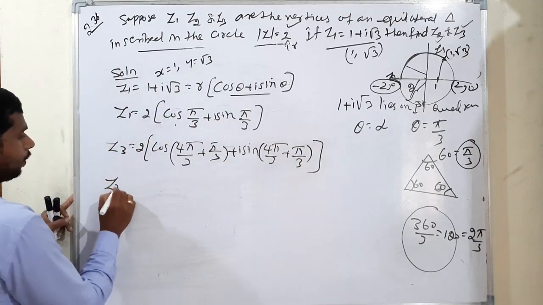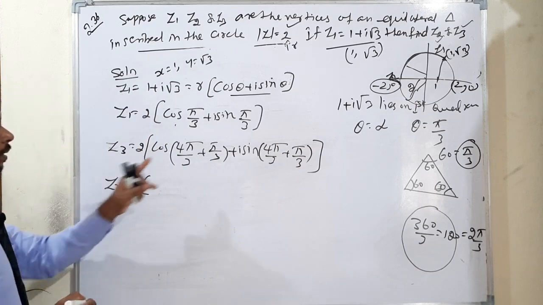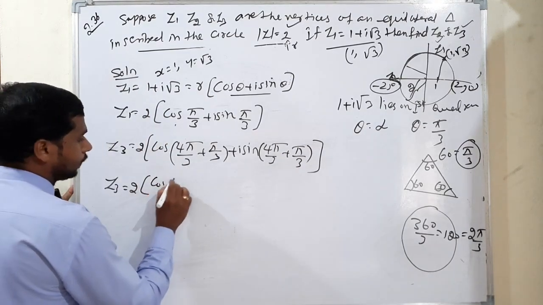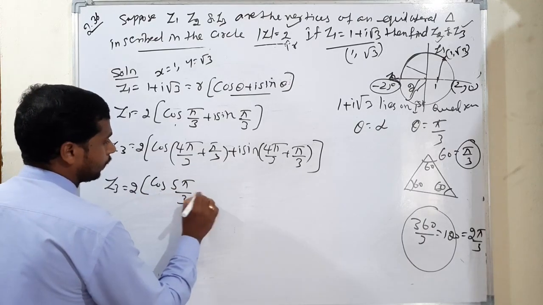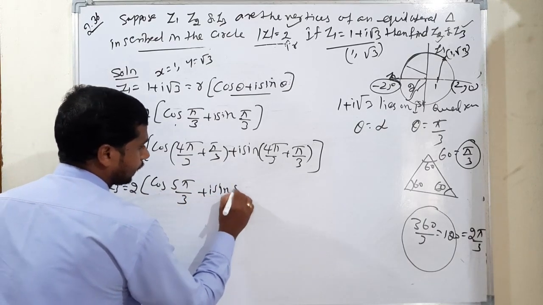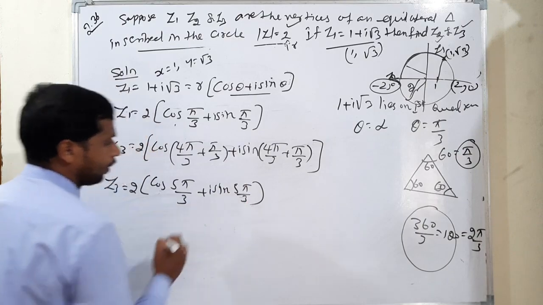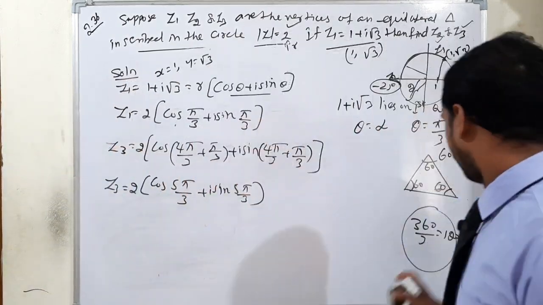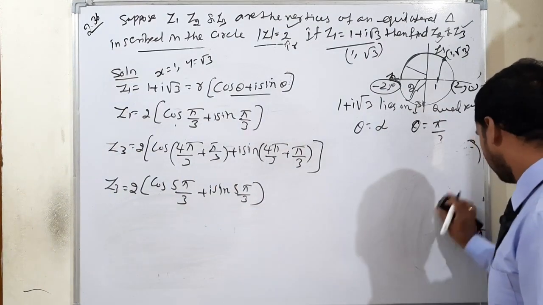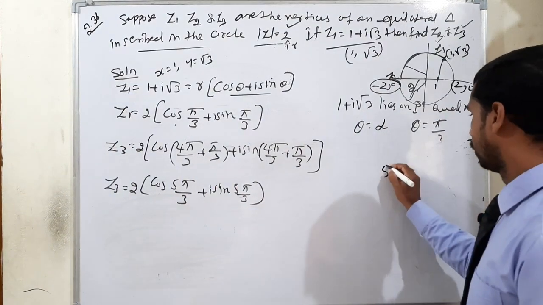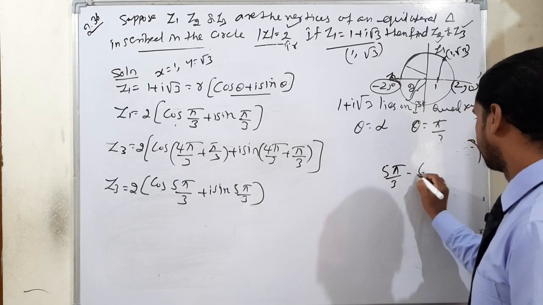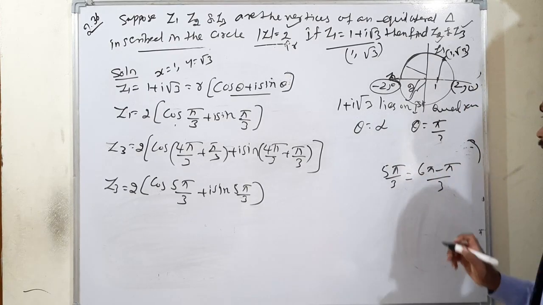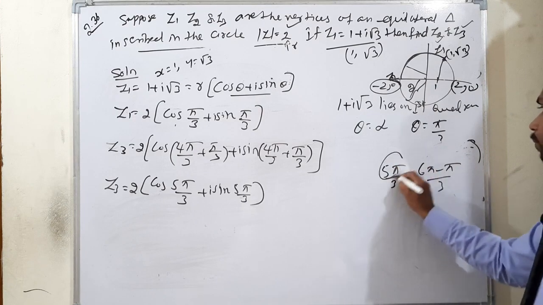Now, Z3 is equal to, common denominator, 4 pi plus pi means 5 pi by 3: cos 5 pi by 3 plus i sin 5 pi by 3. So, how to expand 5 pi by 3? 5 pi by 3 means 6 pi minus pi by 3. Isn't it? 6 pi minus 1 is 5.